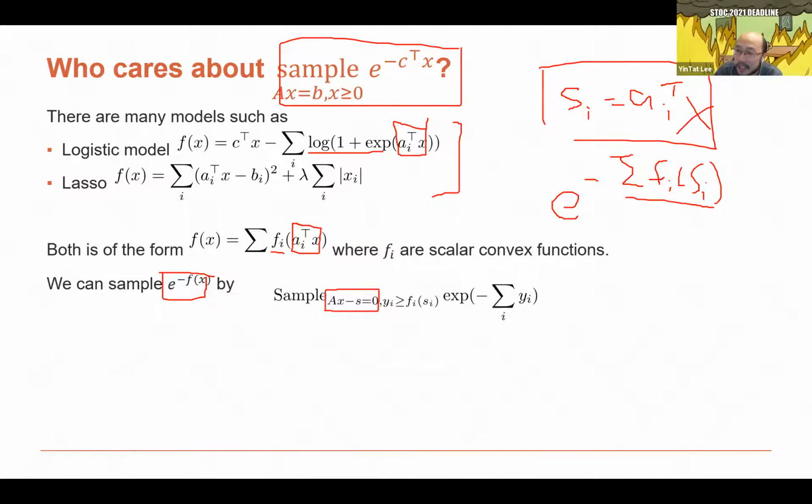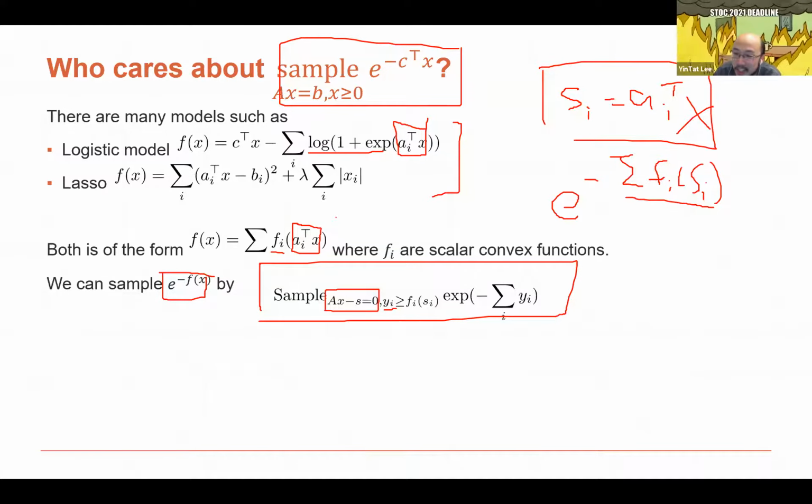Now to make this linear, you can create an extra variable y. You restrict y larger than Fi(Si). Then you can prove this distribution is exactly the same as sampling from e to negative f.